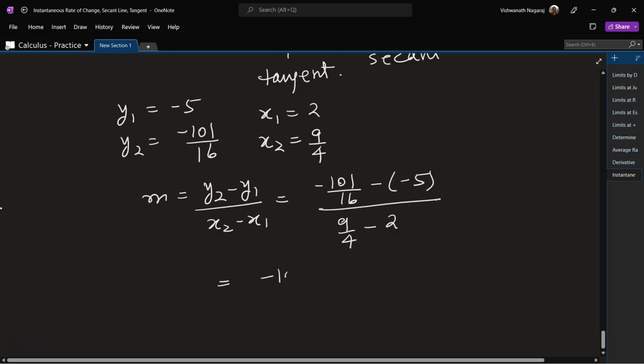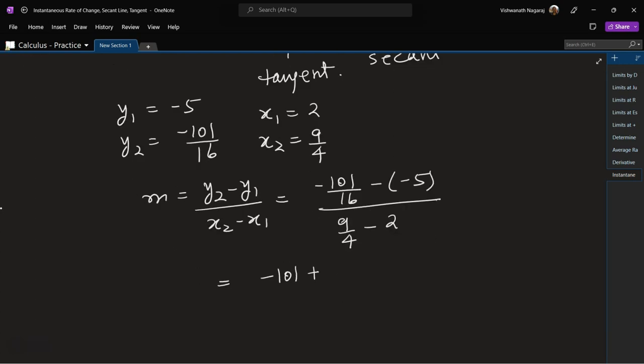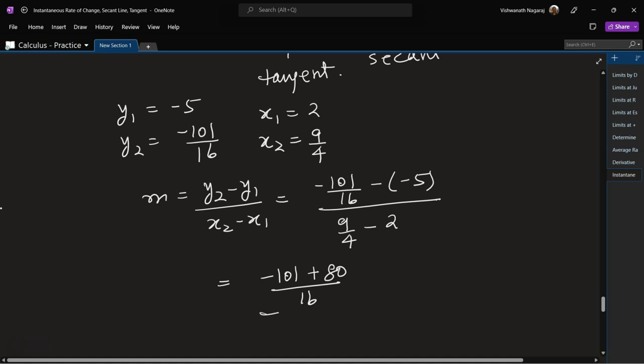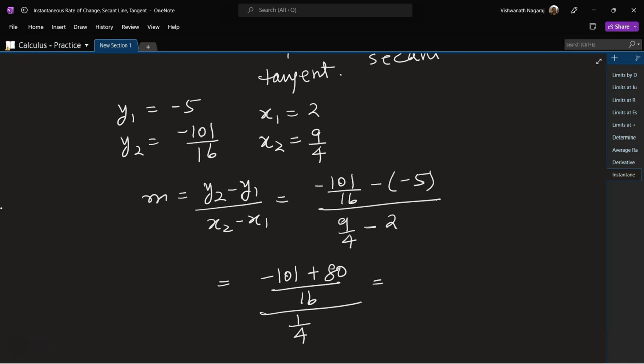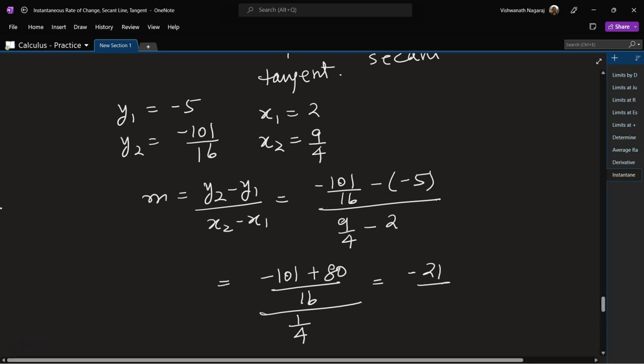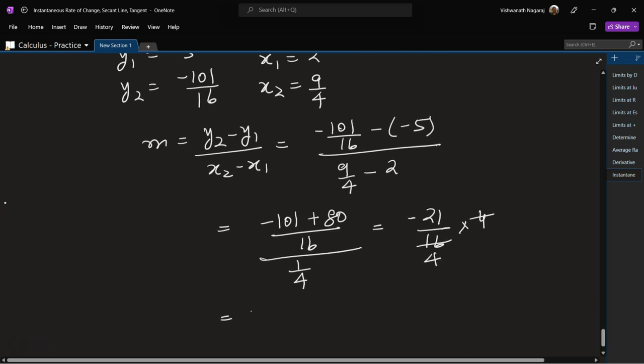Now let's simplify this. Minus 101 plus, minus into minus plus, it becomes 16 fives 80, by 16, divided by 9 minus 8 is 1 by 4. Now minus 101 plus 80 is minus 21 by 16 times 4. So 4 fours 16. So the slope between these 2 points is minus 21 by 4.